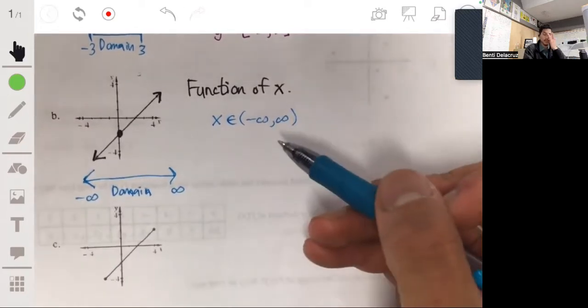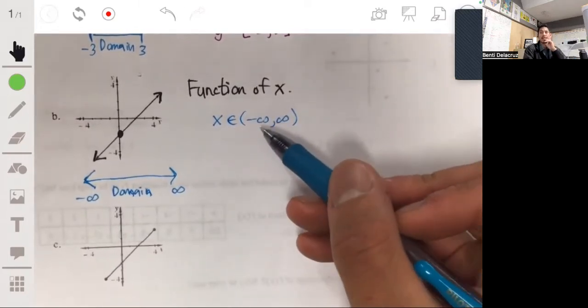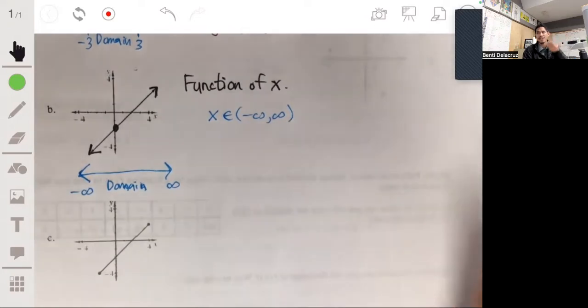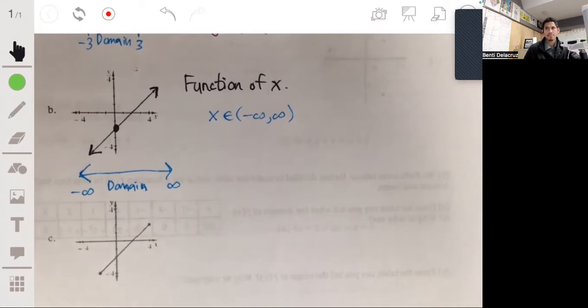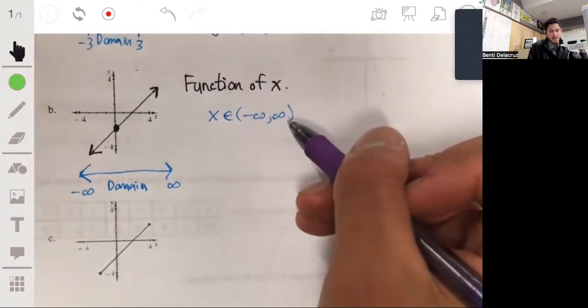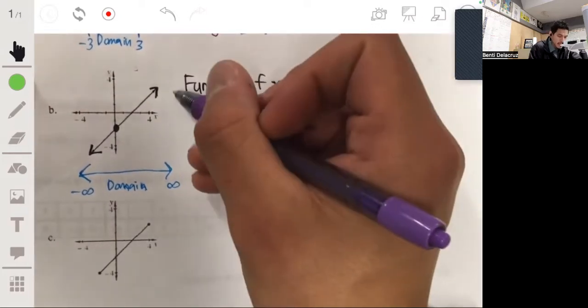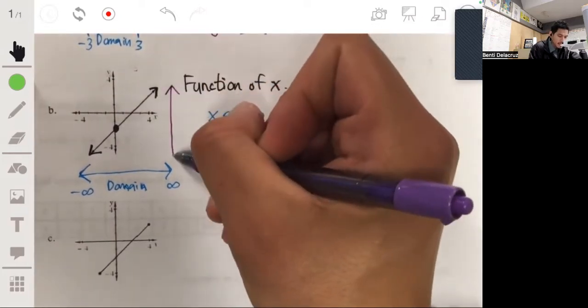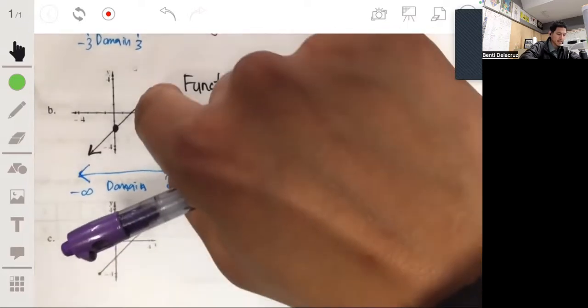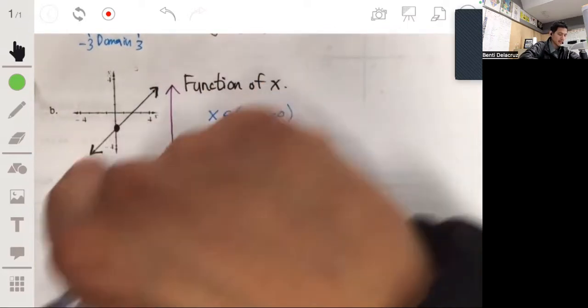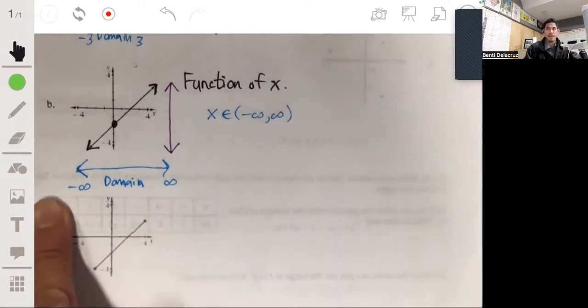And we're going to put parentheses around those because we can't include infinity. Because infinity is technically not a number. It's basically like we say it's a behavior of a number. And you can also write the set of all real numbers if you want. The range, likewise, is the up and down. And it does essentially the same thing because it's going to infinitely go up and infinitely go down if we kept on extending the line.